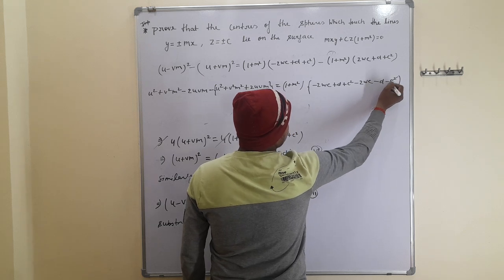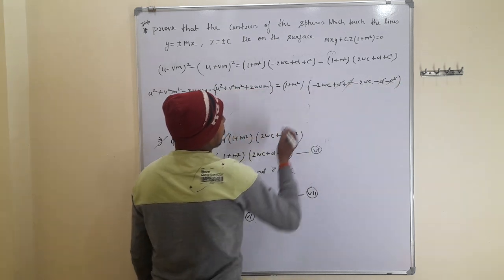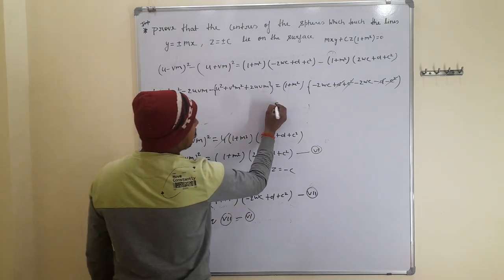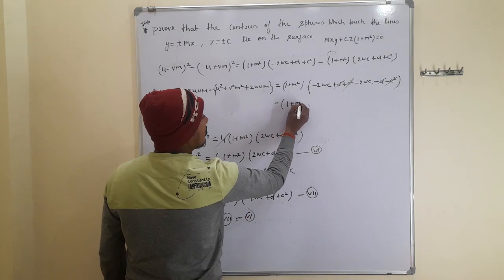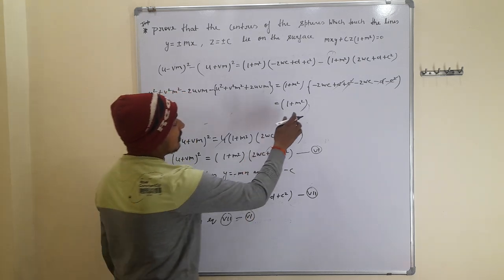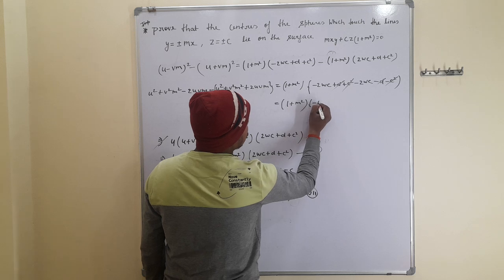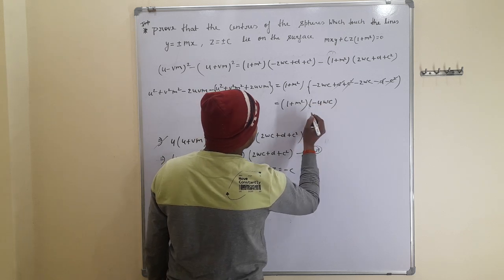From here c square and c square cancel out, and d and minus d cancel, and the remaining is 1 plus m square into, and here minus 2wc and minus 2wc, that is minus 4wc.